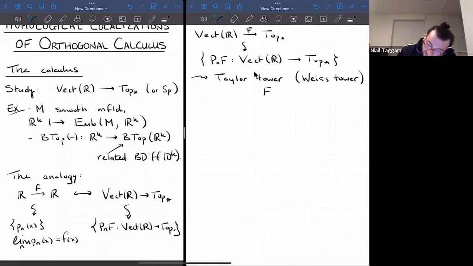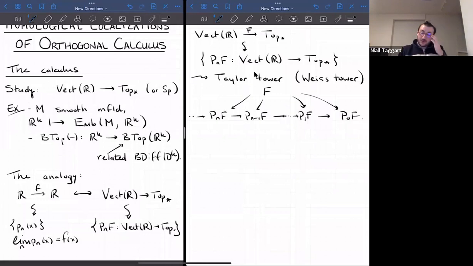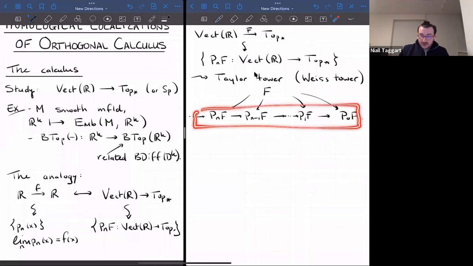And it is all sitting under F, and there are maps from the first approximation to the 0th, and from the nth approximation to the (n minus first), again under F. So the goal really is to try and use this tower of approximations to understand the homotopy type of F.